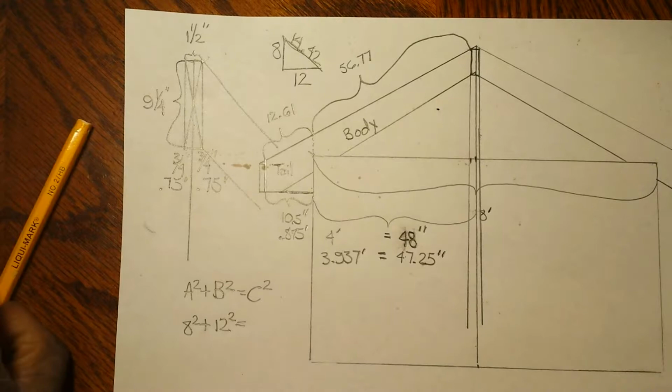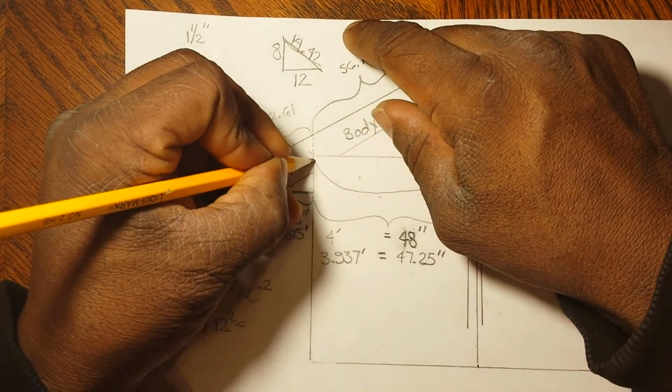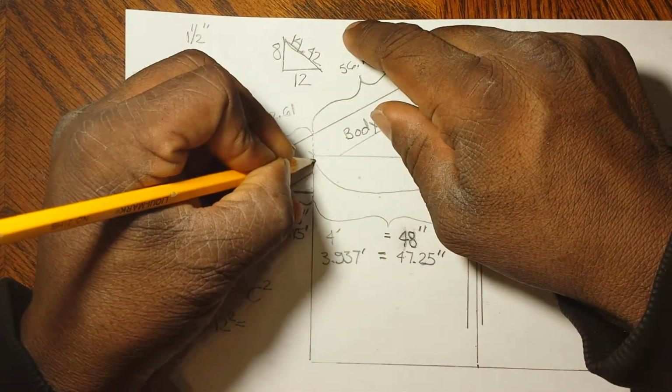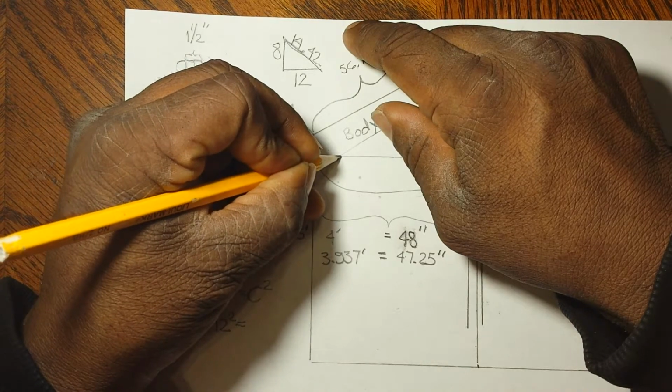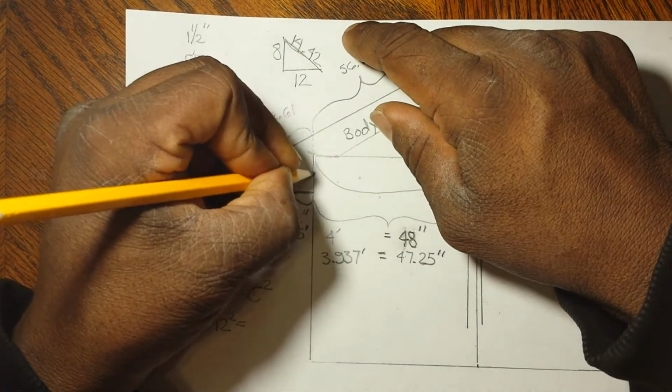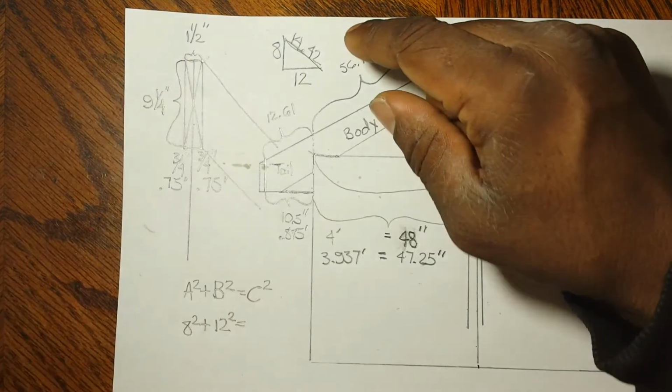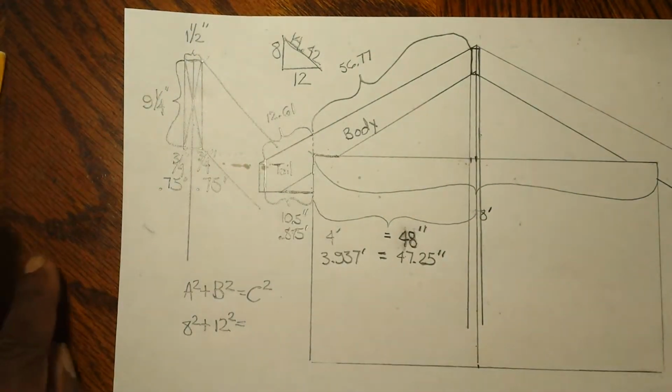All right. And then your bird's mouth, that's going to be a whole other lesson. I'm going to show you how to figure bird's mouth and the tail and the plancher cut and the fascia cut and all that kind of stuff. But I'm going to need real lumber to actually show you that.